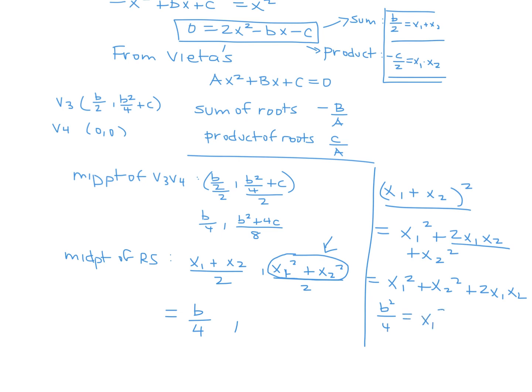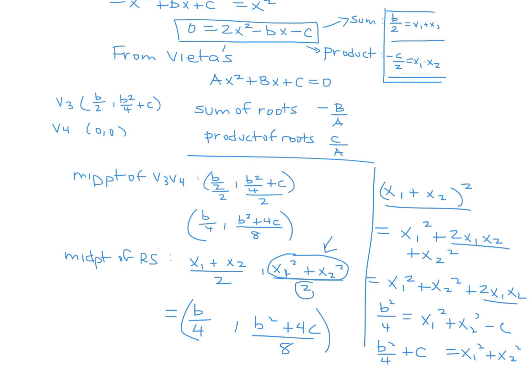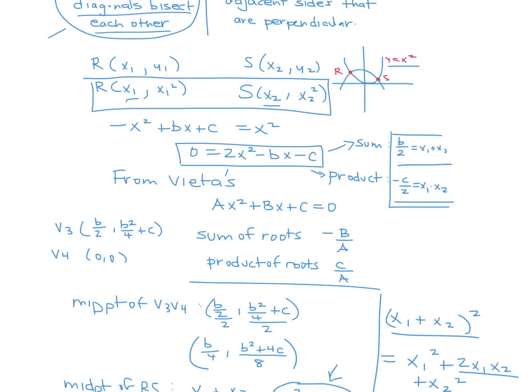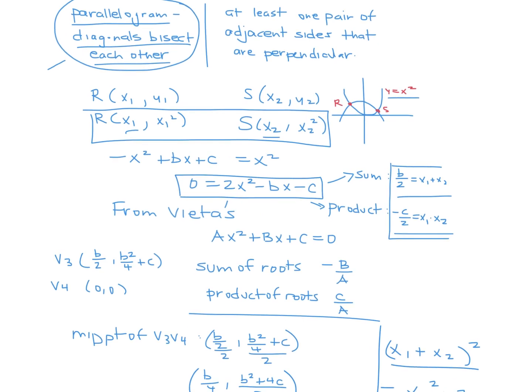And then we have x1 squared plus x2 squared. And then this, according to Vieta's, would be minus c. So if I isolate for x1 squared plus x2 squared, I get b squared over 4 plus c. And that's what I put here. But it's over 2, so it would be b squared plus 4c over 8. Okay, so this is the same as that. So same midpoints. That means they bisect each other. So we have proven that it's a parallelogram, and you can write that out in words.